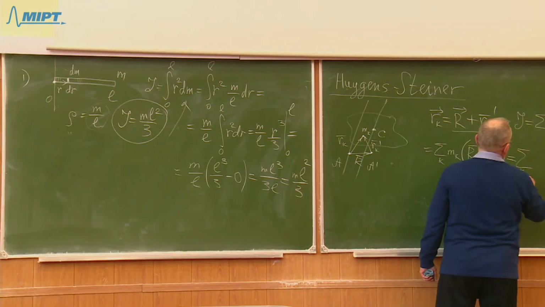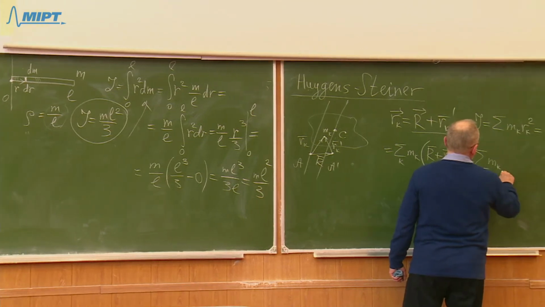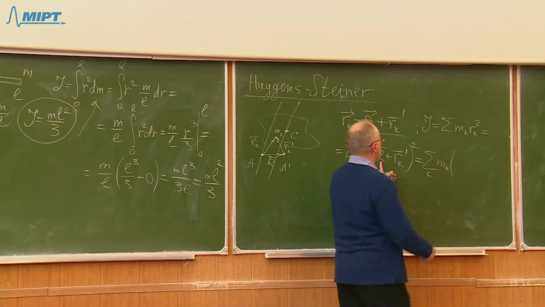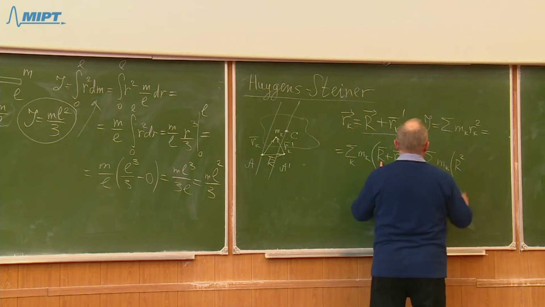So that will give us mk, and inside the round brackets we will have capital R squared.